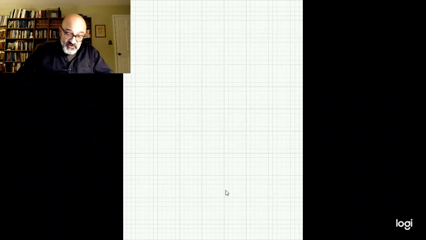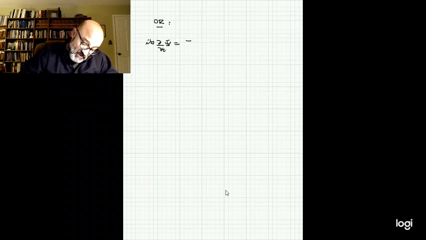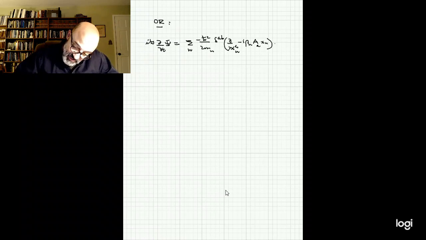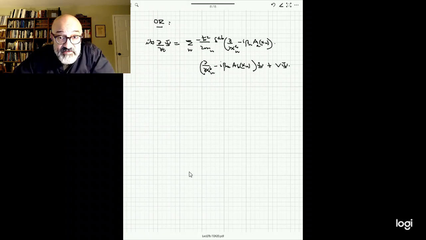If I were to write this in the usual notation, this would look something like this. iH d/dt of psi is equal to the sum over all the particles minus h squared over 2 mass, a Kronecker delta, which helps me figure out these derivatives, d/dx_n^a minus i beta_n^a x_n, and then another one of these guys, d/dx_n^b minus i beta_n^ab x_n, psi plus V psi. This tells us several things.